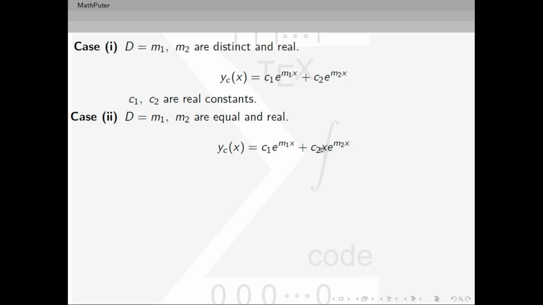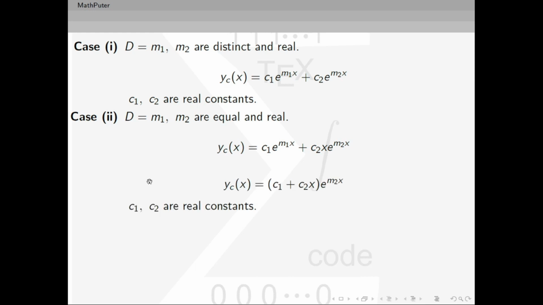The extra quantity is x. If I don't write x here, then it is only a single quantity, e raised to m1x. So to make these two quantities linearly independent, I multiply by x here. The concept of linear independence we may discuss in one lecture.